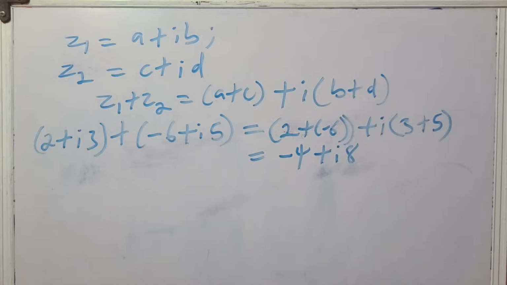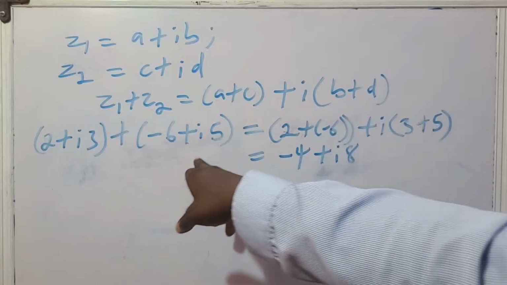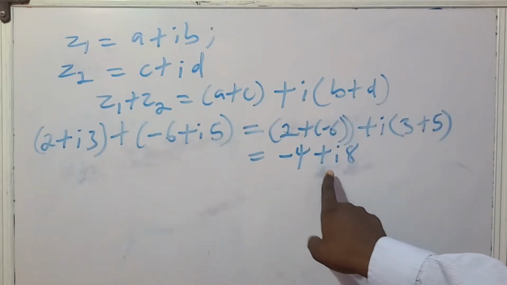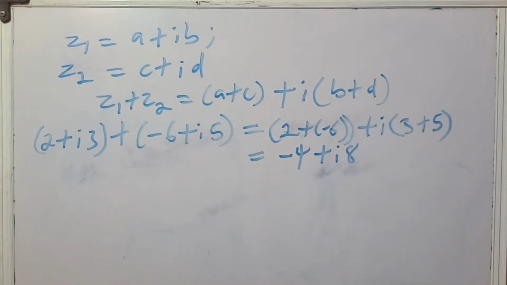That's just the basics of the closure property. That means the result is enclosed inside the whole definition of complex numbers. So we have this as the resultant of the addition of these two complex numbers, and if you notice, this is still a complex number. So we say the sum of two complex numbers is a complex number.